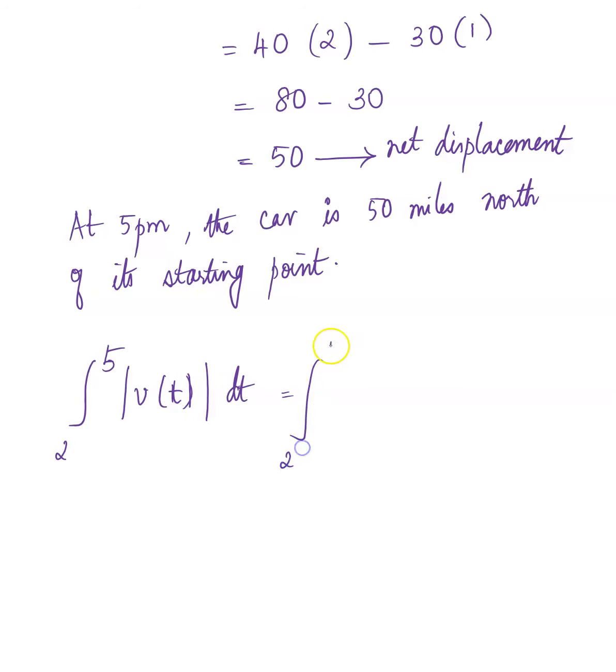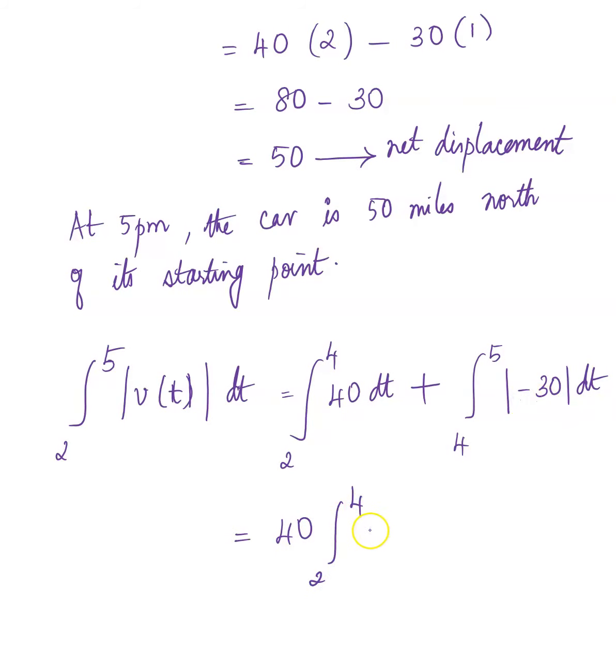You will still split the interval from 2 to 4 and 4 to 5: integral of 40 dt plus integral 4 to 5, absolute value of negative 30 dt. So 40 integral 2 to 4, and the absolute value of negative 30 comes back as a plus 30, so 4 to 5 dt.